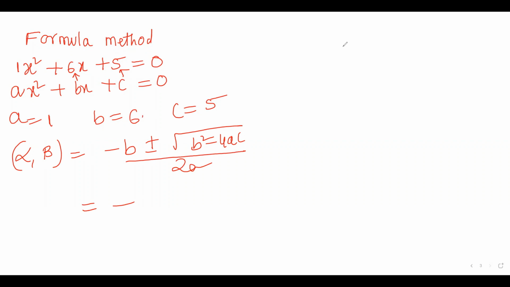B value is 6, plus or minus 6 square minus 4 into 1 into 5. So A is 1, C is 5, by 2A.